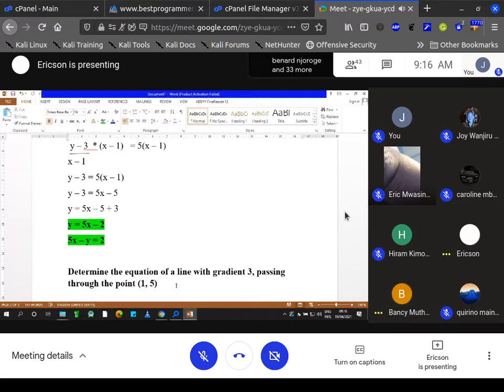Nimepata. Yes, y is equal to 3. Okay, that's good. y minus 2 is equal to 3x. That's okay. Good.